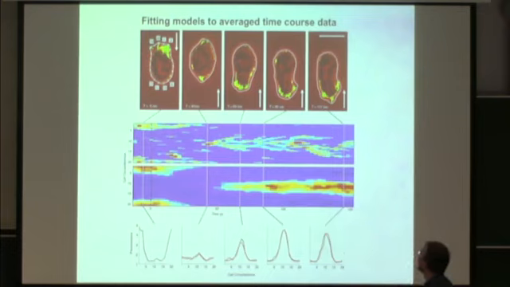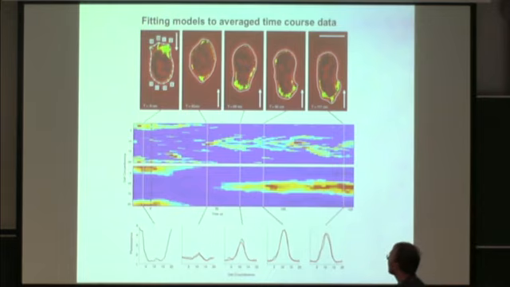So what we do is, we use some image analysis to extract the fluorescence here in the cortex, and this is plotted here as a time-space plot. So this is the coordinate along the contour here, and this is time. And this plot is for a single cell, and to start out, we used averages over a number of cells, okay?